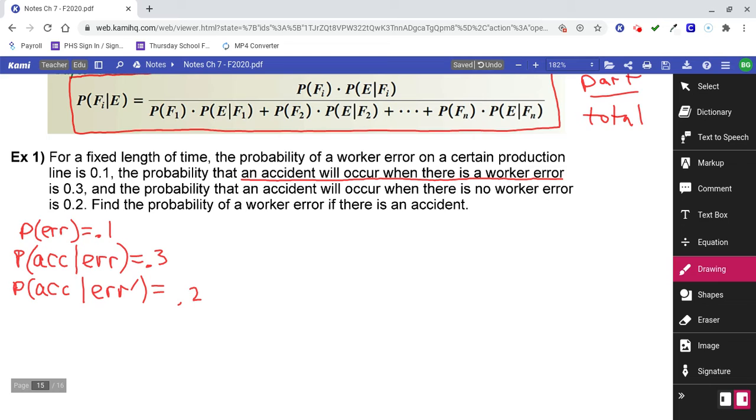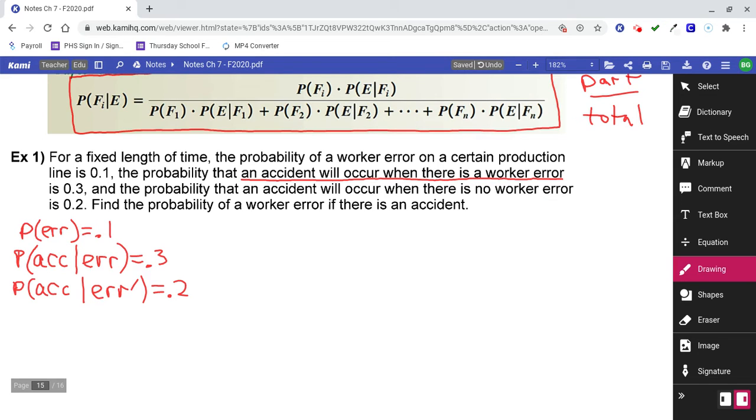Well, probability of an accident is not 0.2, okay? You'd have to say probability of an accident given that there's an error or not an error in order to be fully descriptive, and also to see how it fits into the equation that we're getting ready to use, okay? So good question.